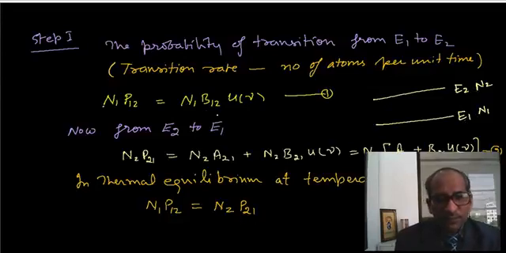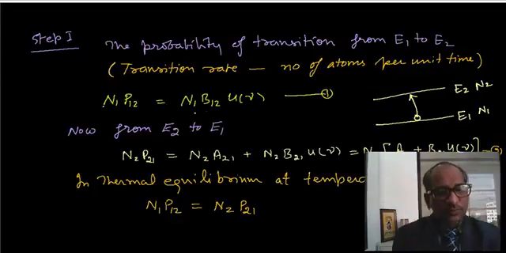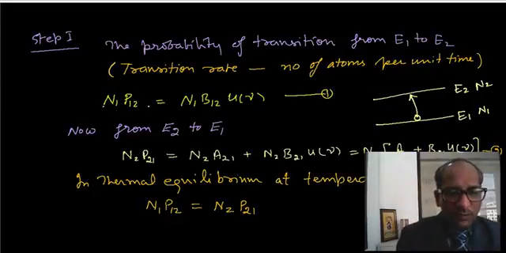If I have to find the probability of transition from E1 to E2, that is, how many atoms are approaching the excited state, it is defined this way: N1 P12. P12 is for one atom, as you have seen in the last video, and N1 is multiplied by P12. That means the total number of atoms which are absorbing energy and going into the excited state.